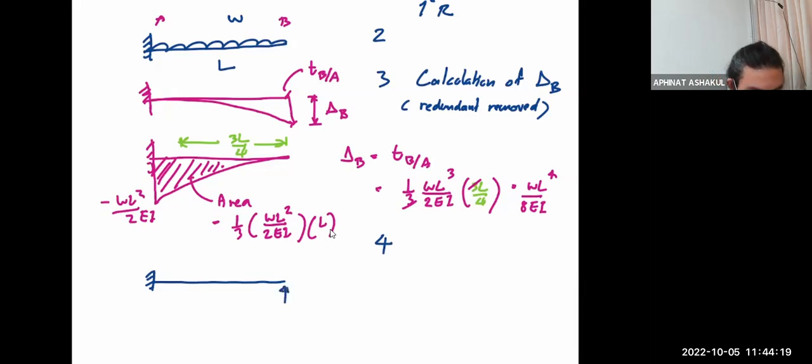Here is, maybe, here's RB. Now we are going to calculate this displacement by RB, which is smaller than... now, that's the way. Okay.